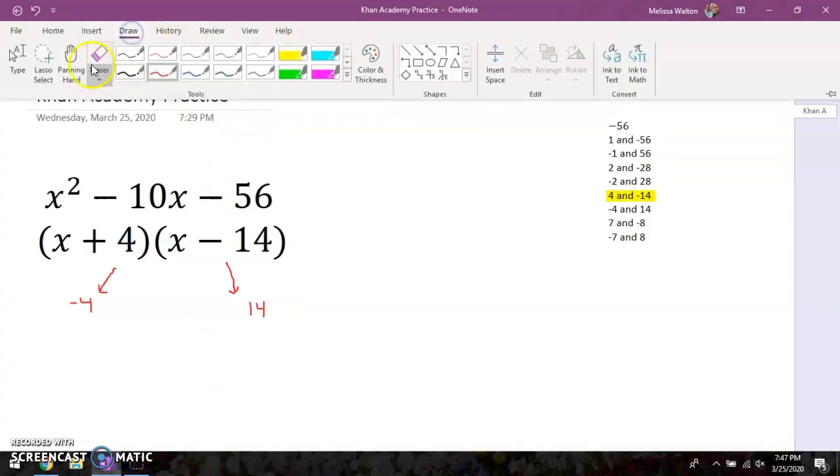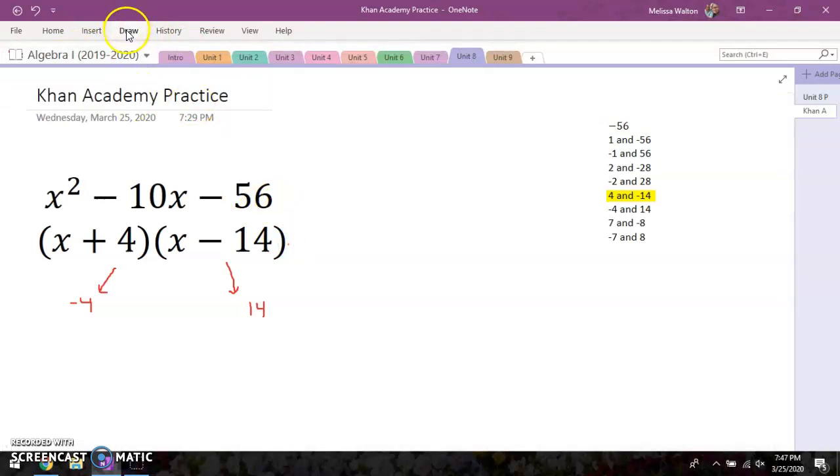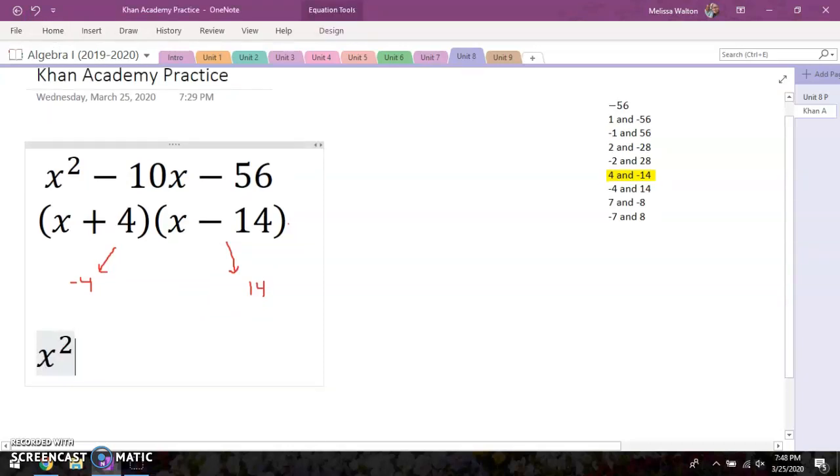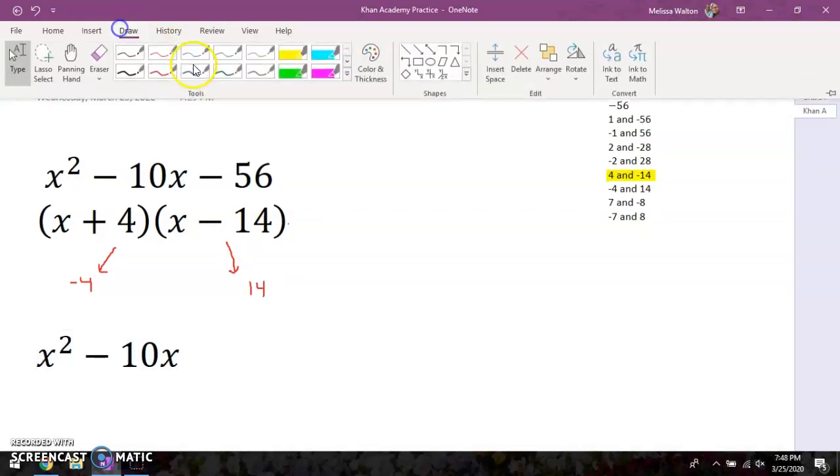All right, now, the next thing it is asking for is the vertex. If I'm looking to get something into vertex form, one of the things that has helped us out in the past is to write this out with a few different blanks. So I'll write x squared minus 10x, and leave a blank here.